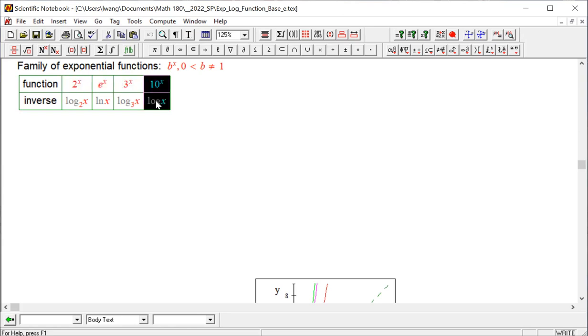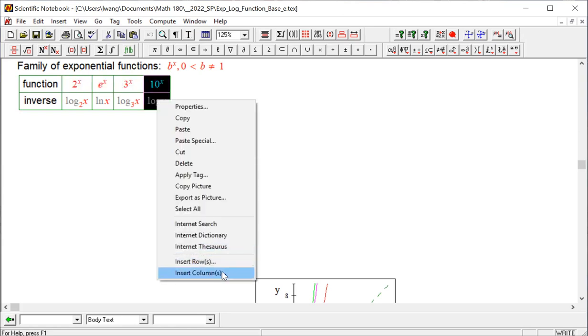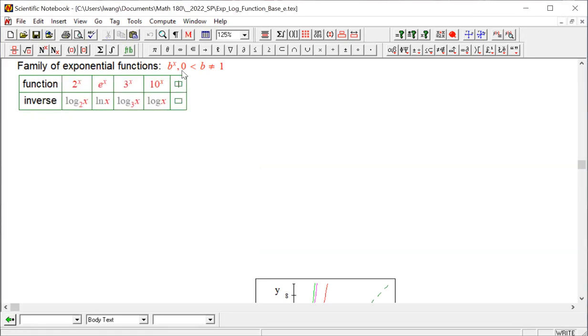Okay, so I'm going to add a column. The domain is all real numbers, from negative infinity to positive infinity. And their range is the same too.